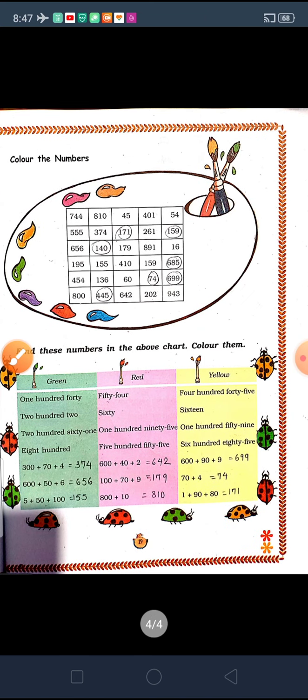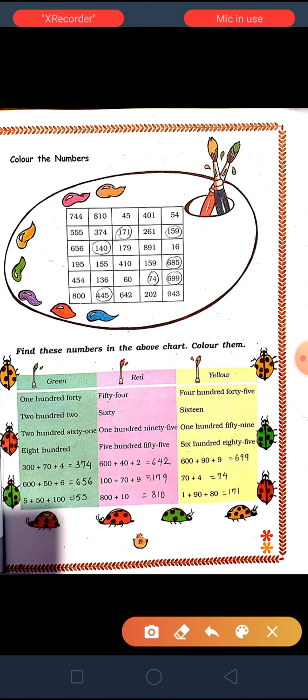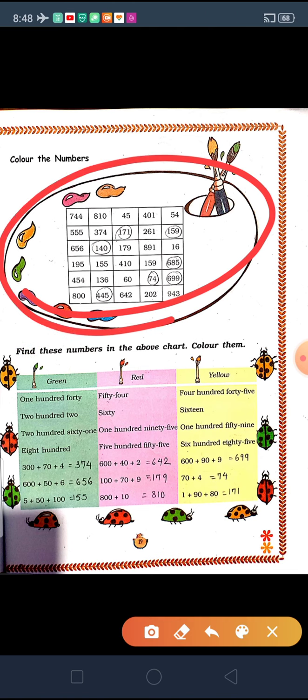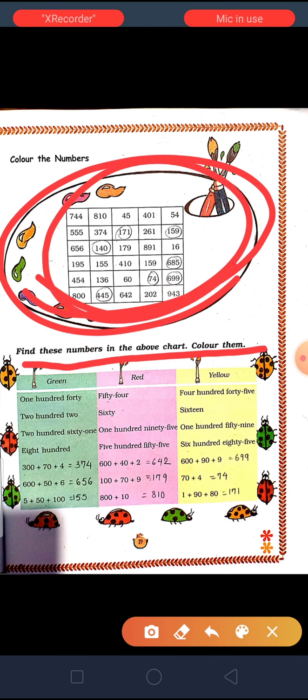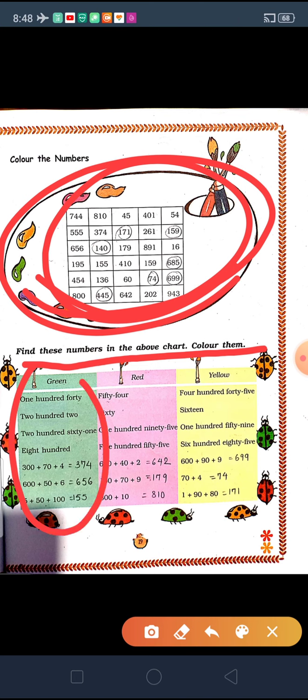Now next is color the numbers. As you can see, there are some numbers in this box, and they have asked us to find these numbers in the above chart and color them. Here the numbers are given in words, and even some expanded forms are given.